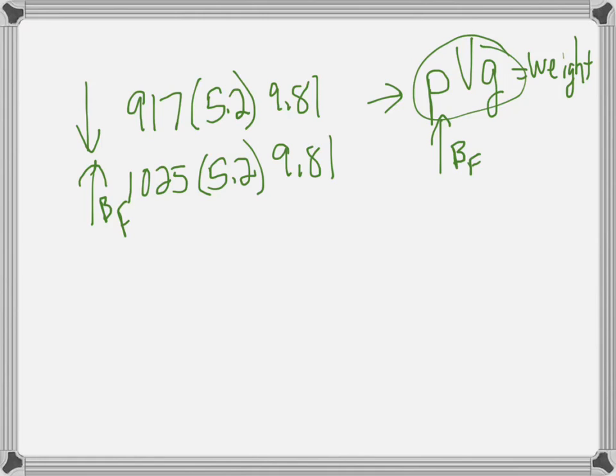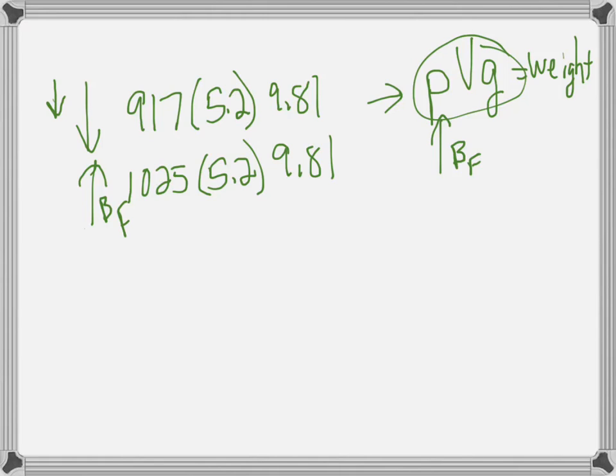And right now, the buoyant force would be a lot bigger than that, so we'd subtract this downwards force from the buoyant force and see how many newtons we have. However many newtons we have, that would be the weight of the polar bear that we could put on here, so that the polar bear's weight and this weight of the iceberg would then equal the buoyant force. So hopefully that made sense.